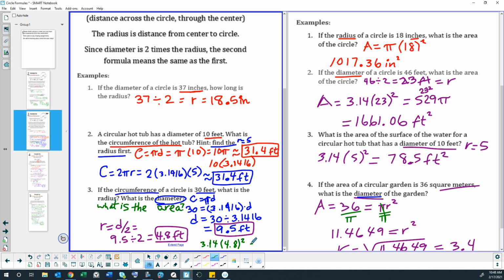And that will give us the area. So 3.14 times 4.8 squared is 72.3456. And that would be square feet, right?